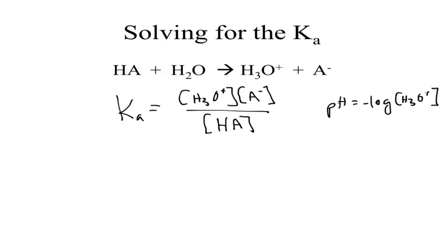So instead of trying to solve for all of these things, let's jump the gun straight off the bat. Let's get our pH showing up in the equation. How can I get pH to show up in that equation? To get a pH, I need the negative log of H3O+.